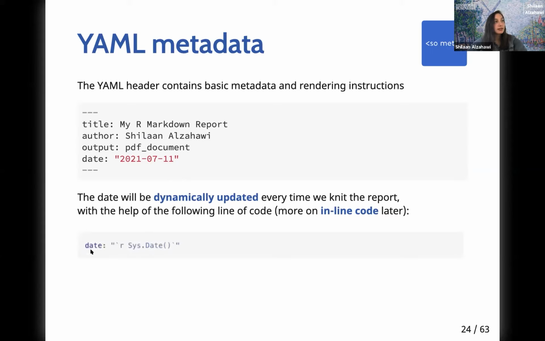I wrote date, and then between quotation marks and backticks, r to specify the language, and Sys.Date, so the date of the system. The date will be dynamically updated every single time we knit the report with the help of this line of code. That's called inline code, and I'll tell you more about that in just a little bit.